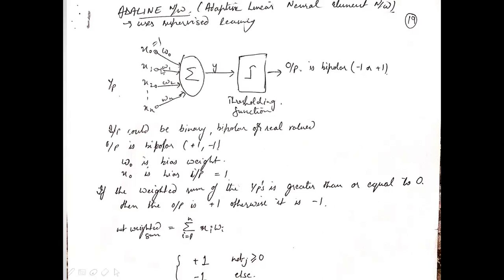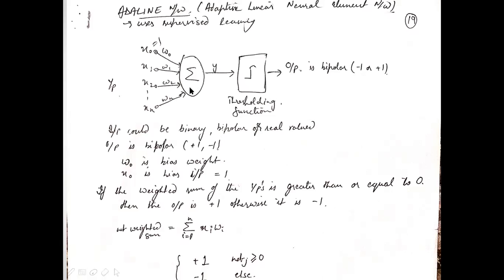Similarly, W1, W2, till Wn. This is a summation unit. That means it will calculate the net weighted sum, which is the summation from 0 to n of xi multiplied by wi. The summation unit gets the input, and then it passes through the threshold function and the final output will be given.